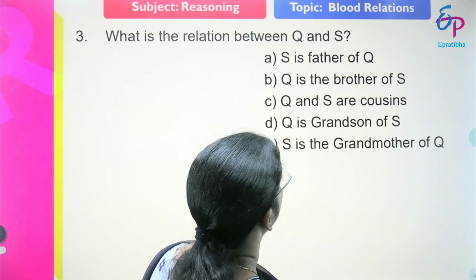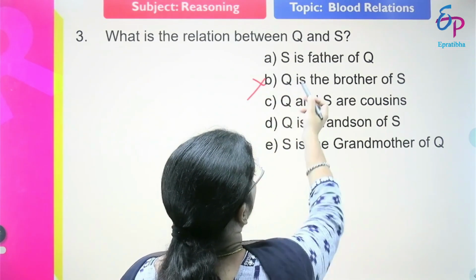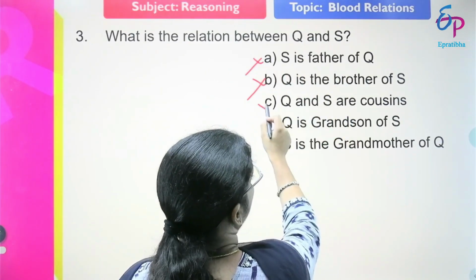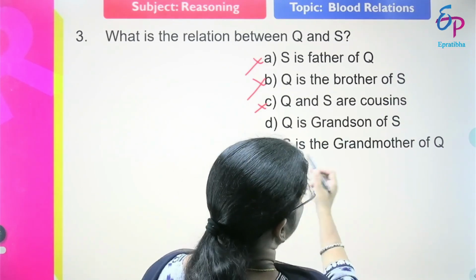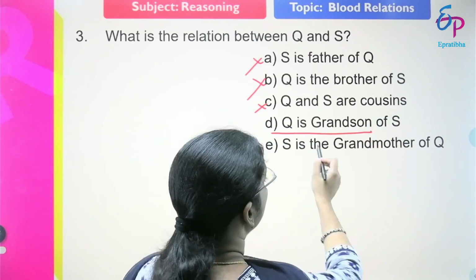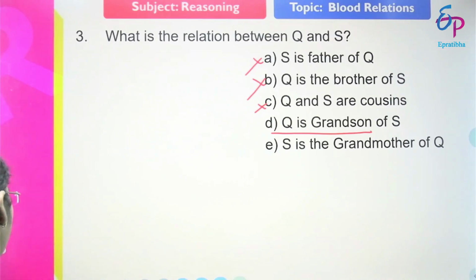Q is the brother of S? This is wrong. S is the father of Q? That is also wrong. Q and S are cousins? Wrong. Q is the grandson of S? We don't know that exactly, grandson or granddaughter. S is the grandmother of Q. Yes, S is the grandmother of Q, friends.